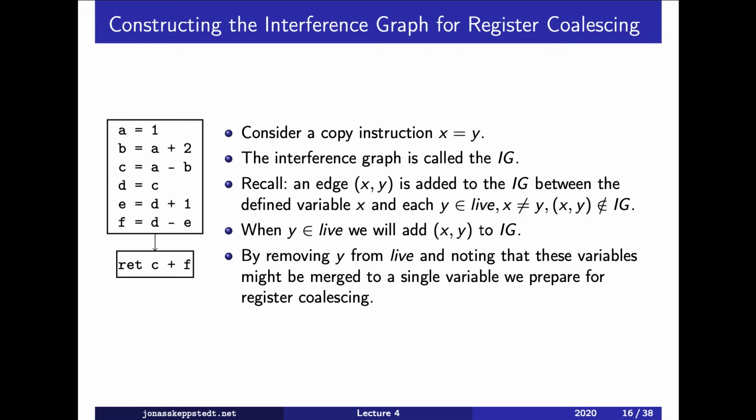Well, that's exactly what I said, namely that we should remove y, I mean the source operand, from the live set and add edges to the others in the live set from x. I mean from the variable which is defined.